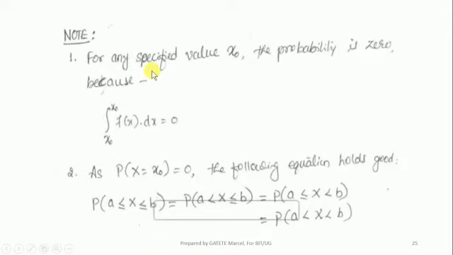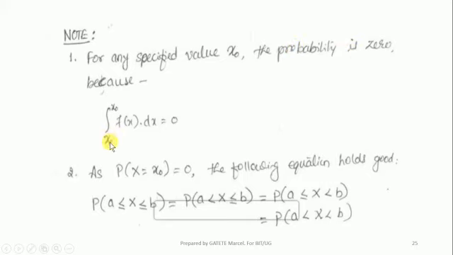So for any specified value x0, the probability is 0. If we start from x0, it means the range is equal to 0, so immediately the probability will be 0 because we have nothing.